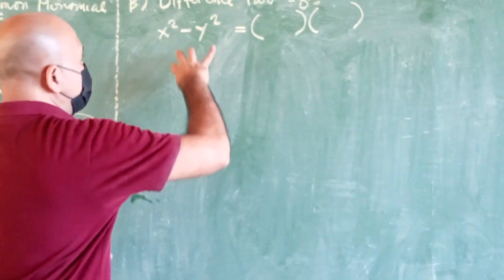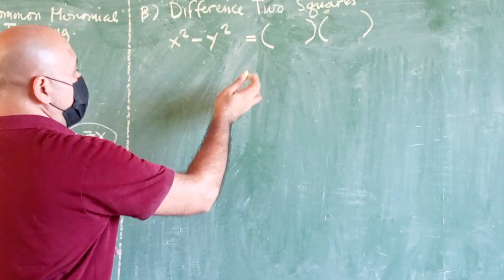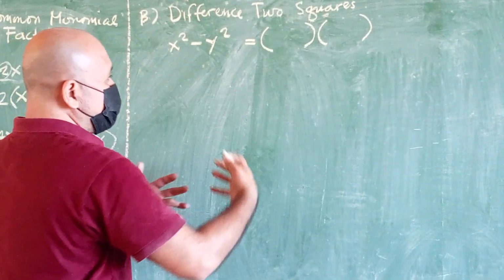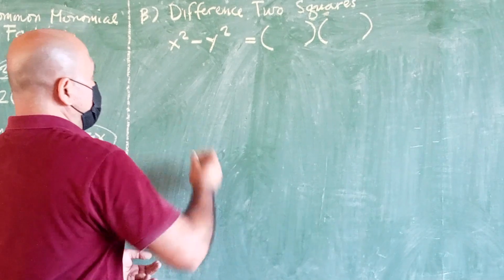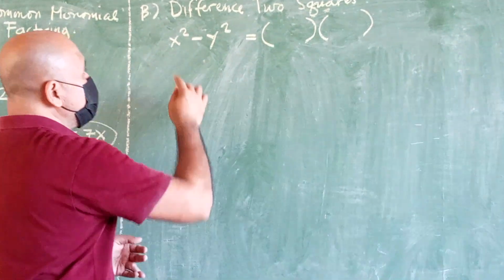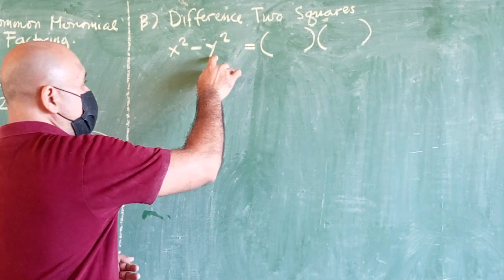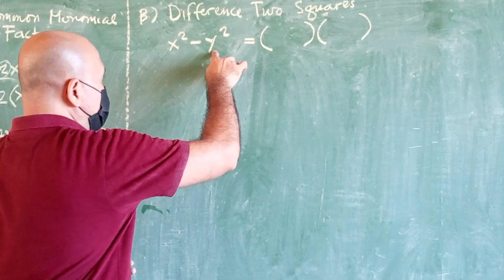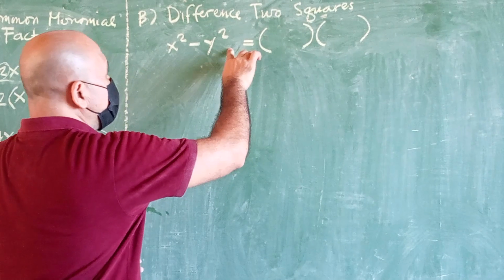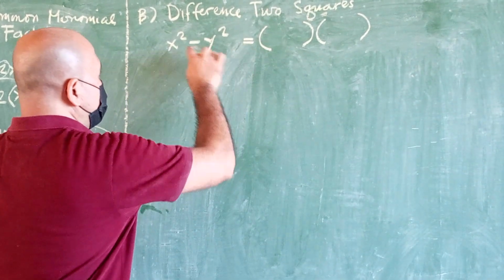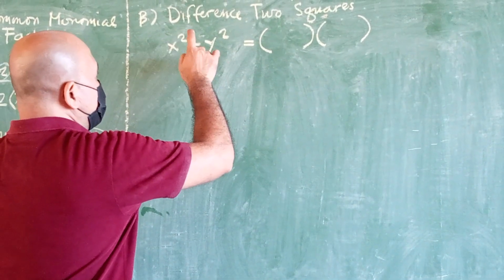And when you factor out difference of two squares, just follow this technique, you have to first analyze if the first term is a perfect square and the second term is a perfect square and there is no other next term. And between the two terms is minus.